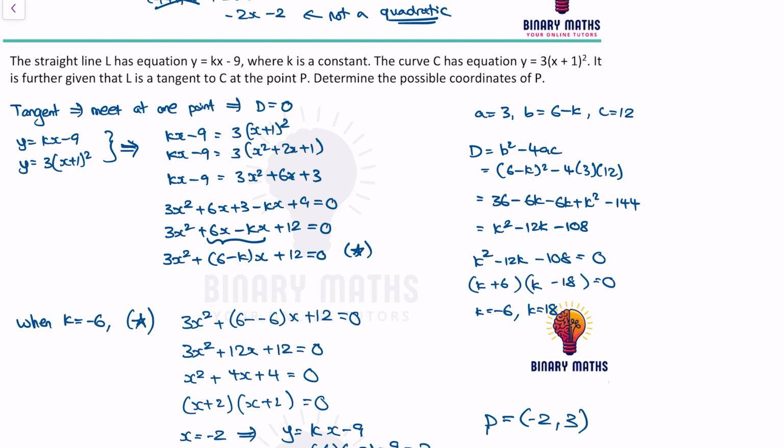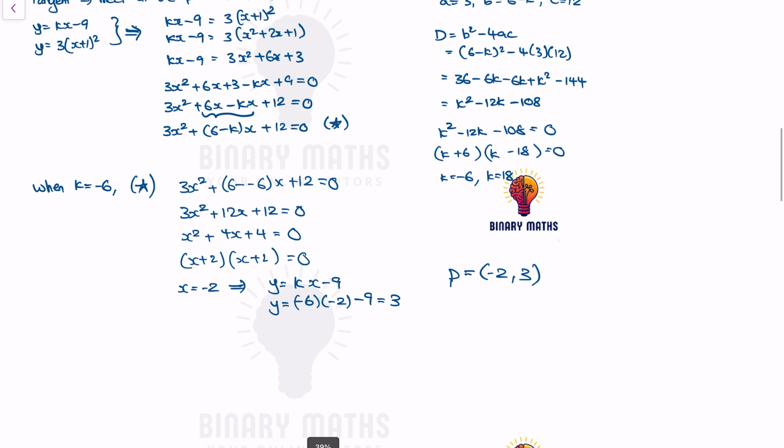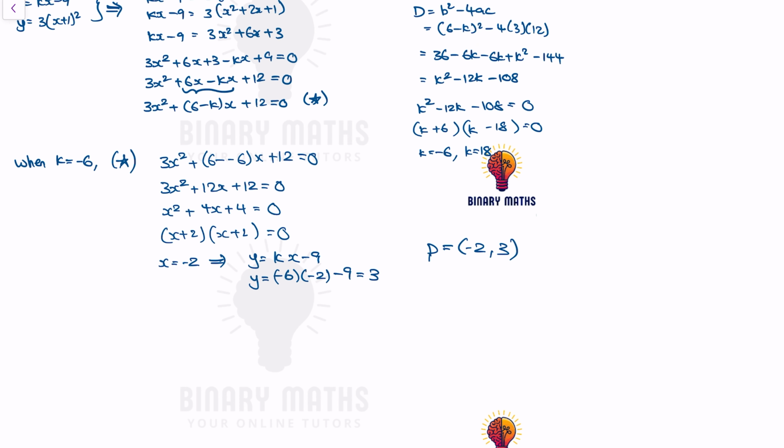Now that's the solution when k is equal to negative 6. Obviously there is another solution when k is equal to 18. So when k is equal to 18, your combined function reduces to 3x squared plus 6 take away 18x plus 12 is equal to 0, which becomes 3x squared, 6 take away 18 gives you minus 12, minus 12x plus 12 is equal to 0.